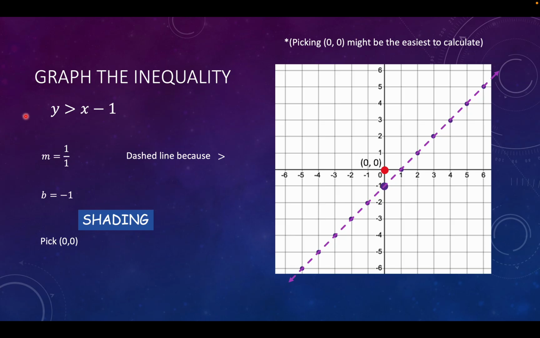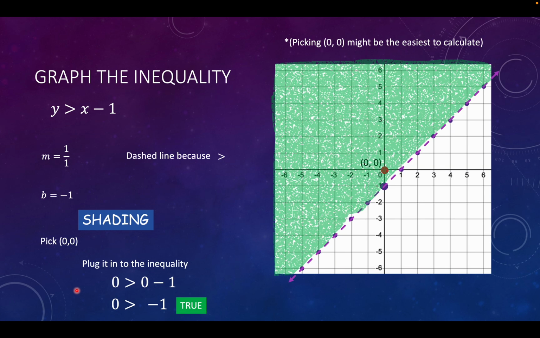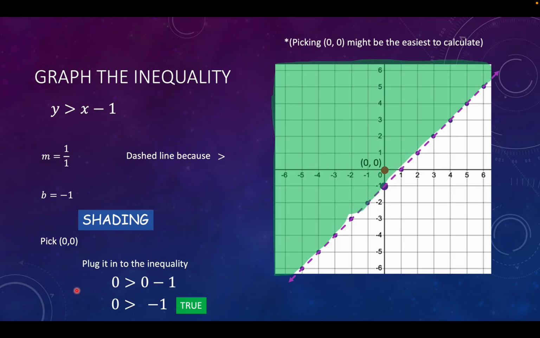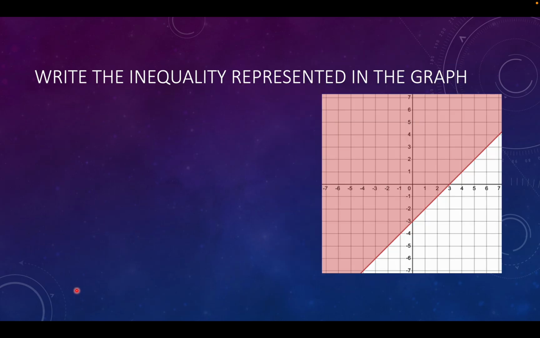So we're picking this point 0, 0, and we're plugging in 0 for y and 0 for x. We plug it into the inequality, and we get 0 is greater than negative 1. This is a true statement. So this line needs to be shaded above. So remember, if we get something true, we shade towards that point that we pick, usually 0, 0. If we get something false, we would shade away.